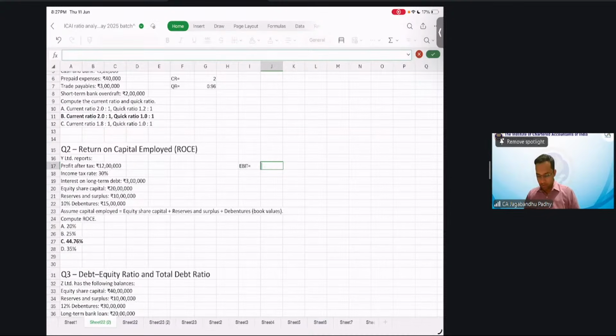Okay, so EBIT is going to be computed as 12 lakh divided by 70%, and then you add interest of 3 lakh. So that's simply 12 lakh divided by 70% plus 3 lakh.